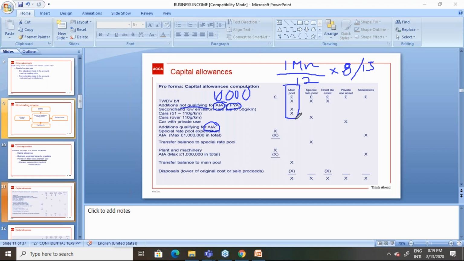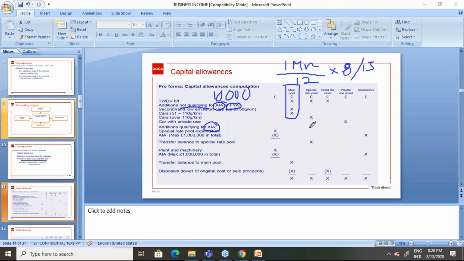Now, normally, motor cars, which are not new low emission cars or high emission cars, are included in the main pool. So you need to first figure out whether it qualifies for AIA or whether it qualifies for FIA. If not, normally they are included in the main pool unless it is plant and machinery included in the special rate pool.